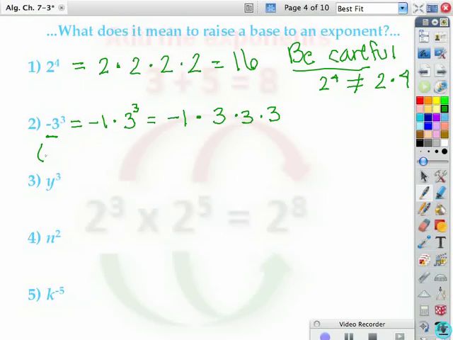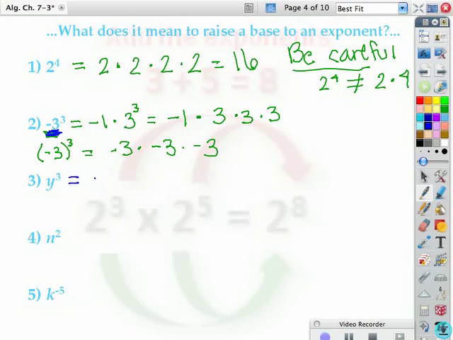If I were to do this, negative 3 to the 3rd power, that would mean negative 3 times negative 3 times negative 3. So make sure you keep a close eye on this and make sure that you look for the parentheses. If there are no parentheses around the number, then you're only taking the number itself, not the negative, and raising it to the third power.